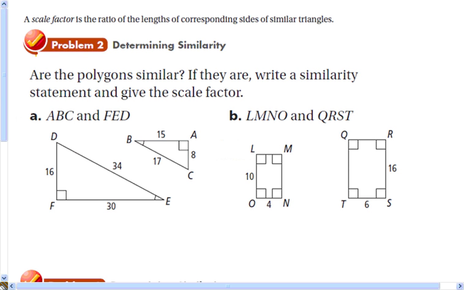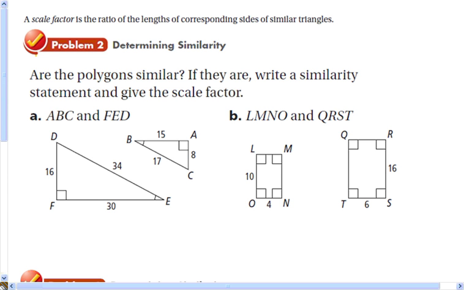All right. Determining similarity. Are the polygons similar? If they are, write a similarity statement and the scale factor. If they're similar, that means that the corresponding angles are congruent, and that the ratios of corresponding sides are equal. So we're going to check that out by doing this.